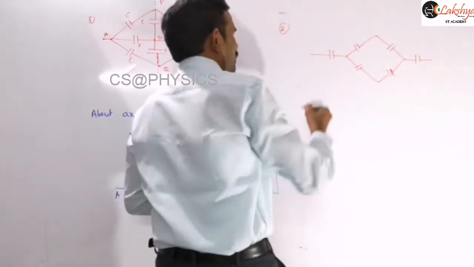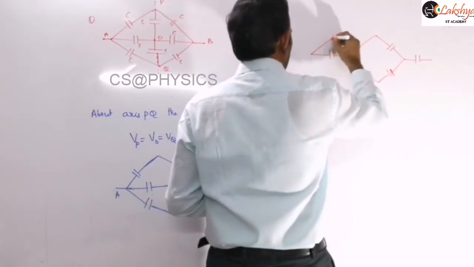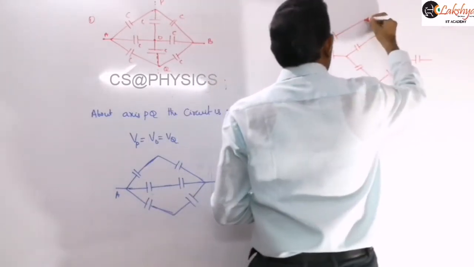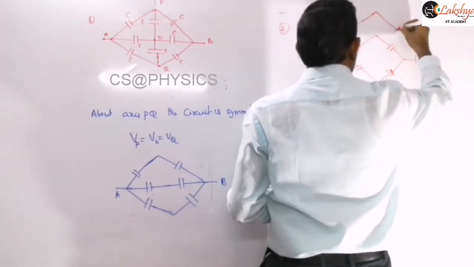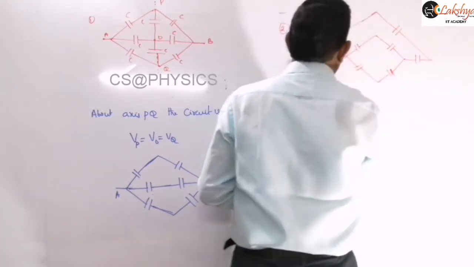Then again another square you can draw here, this is another point, and from this another capacitor will be there like this.